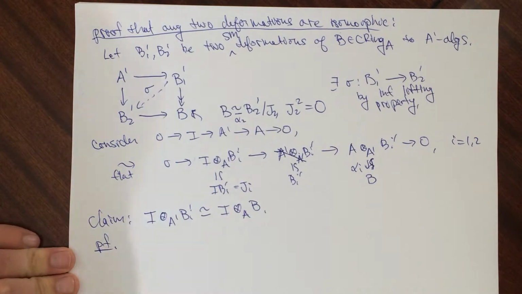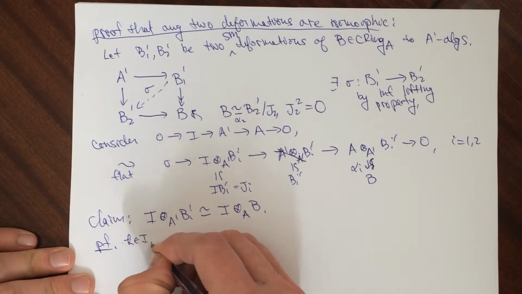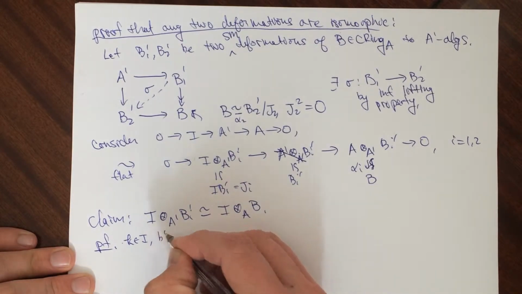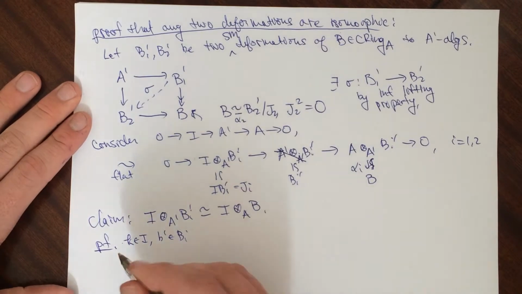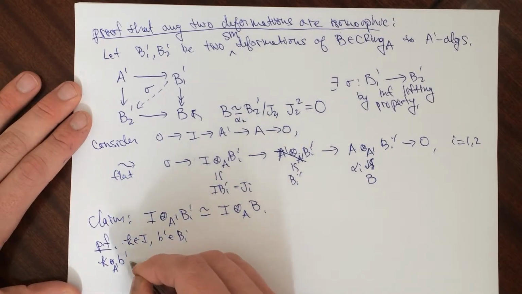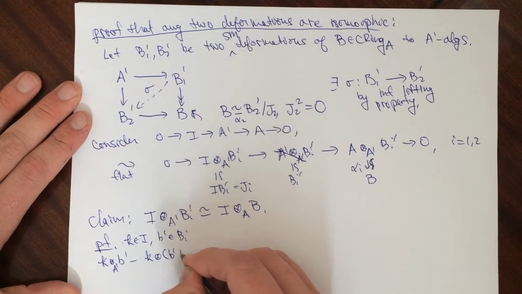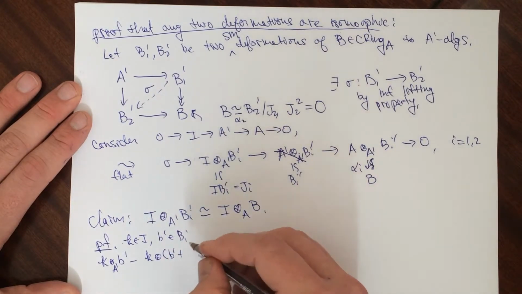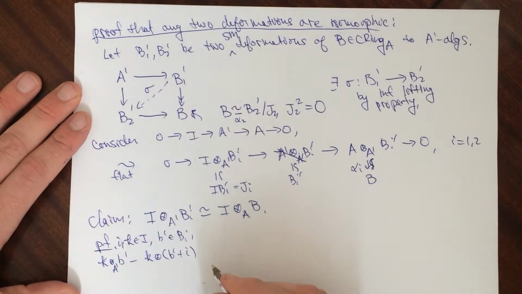Take k to be an element of I, and take b prime to be an element of Bi prime. Here we can just consider k tensor b prime, minus k tensor b prime plus i, where i is also an element in here.